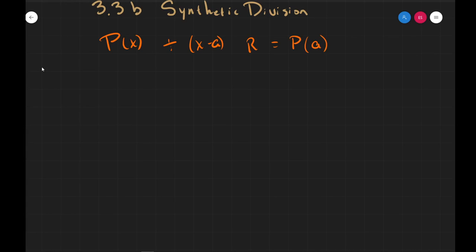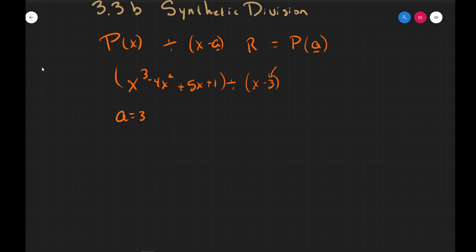So, for example, let's say we had x cubed minus 4x squared plus 5x plus 1, and we were dividing this polynomial by x minus 3. All right, so the a value, this a number here, is always going to be the opposite of whatever number you see in parentheses here. So in this case, a would be 3.